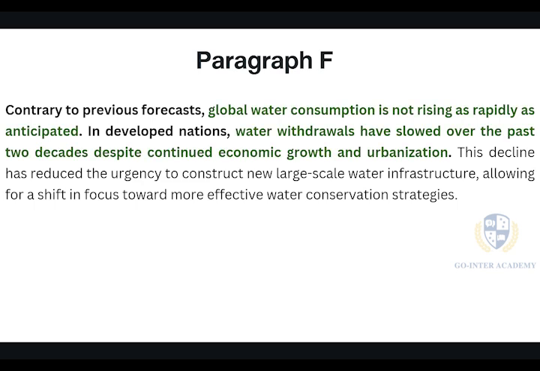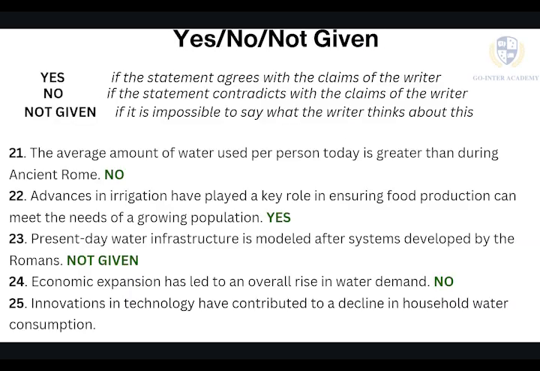In developed nations, water withdrawal has slowed over the past 2 decades, despite continued economic growth and urbanization. So the question says, economic expansion leads to more water demand. But the passage says, economic expansion leads to slowed water demand. So this is a direct contradiction, which makes the answer for this question to be no. Now we go to the last question of this exercise.